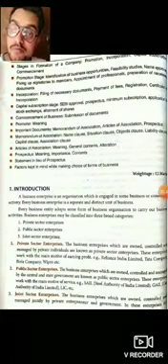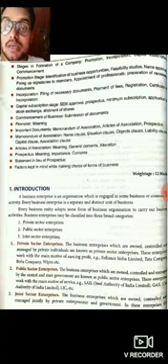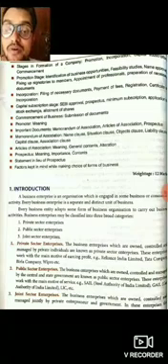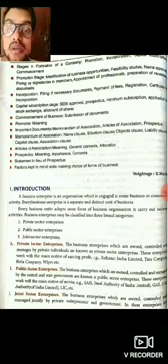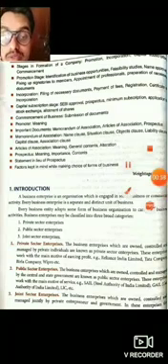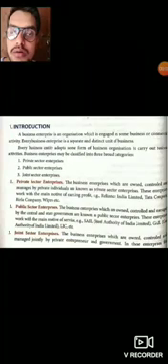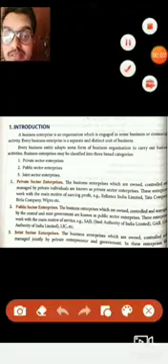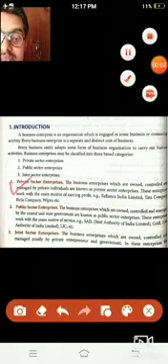So children, before we start with the various forms of private sector enterprises, first of all, you need to know what are the various forms of businesses or enterprises on the basis of their ownership. Children, the very first type of a business enterprise is the private sector enterprise. As you can see, that's number 1.